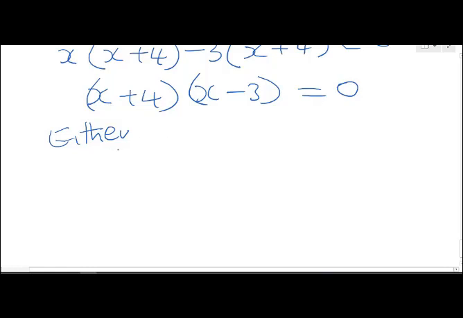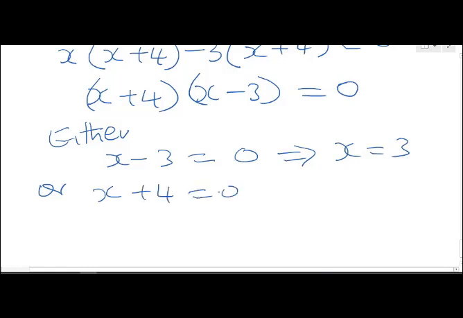And if I do so, I'm left with x minus 3 is equal to 0, which implies to me that x is equal to 3. My second option is now I divide both sides by x minus 3. And on this side, I'm left with x plus 4 is equal to 0, meaning to me that my x is equal to minus 4.